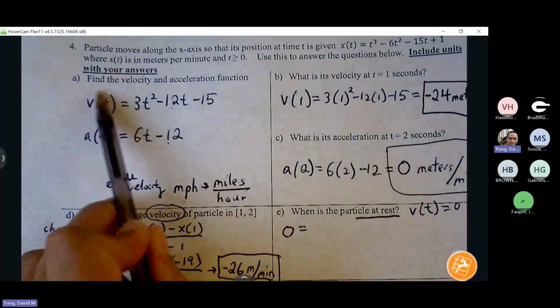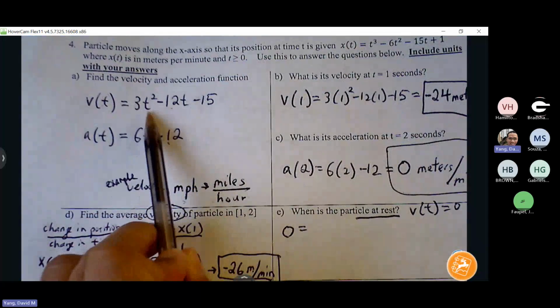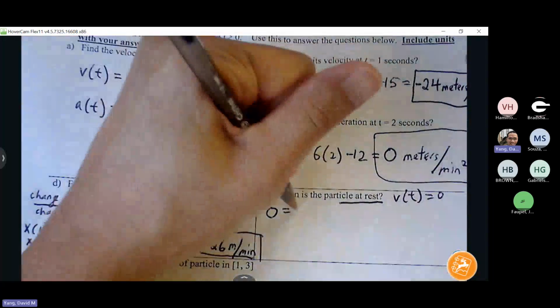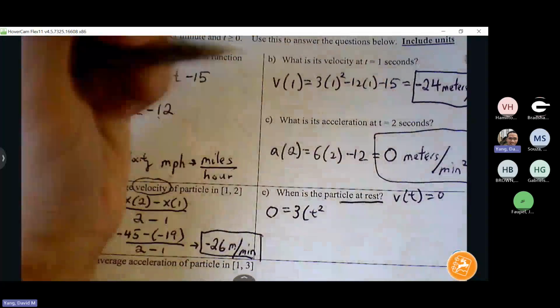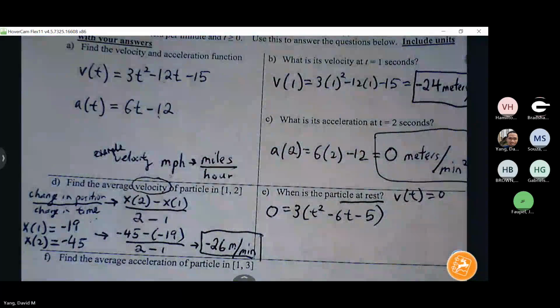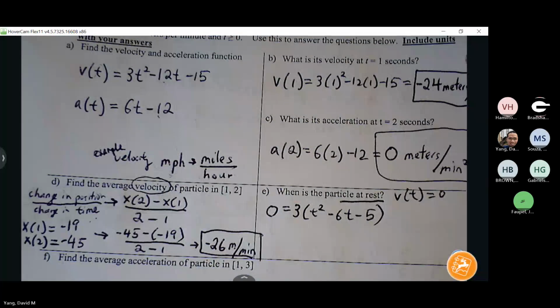Here's my velocity function. I'm going to find the time when the velocity is 0 and factor out that 3 here. Oh, sorry, minus 14.